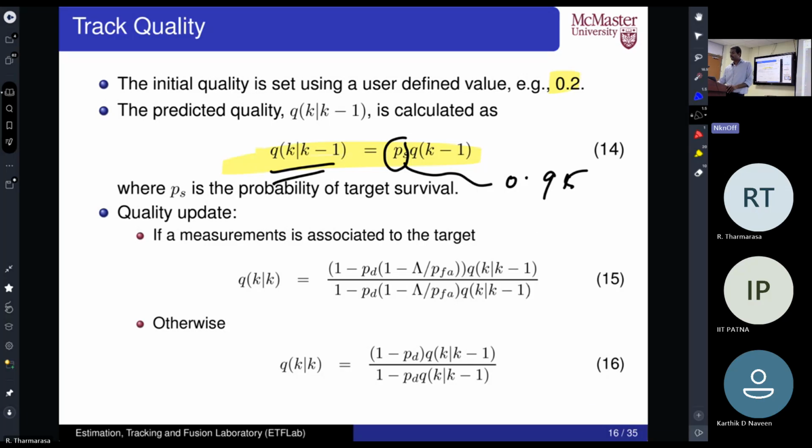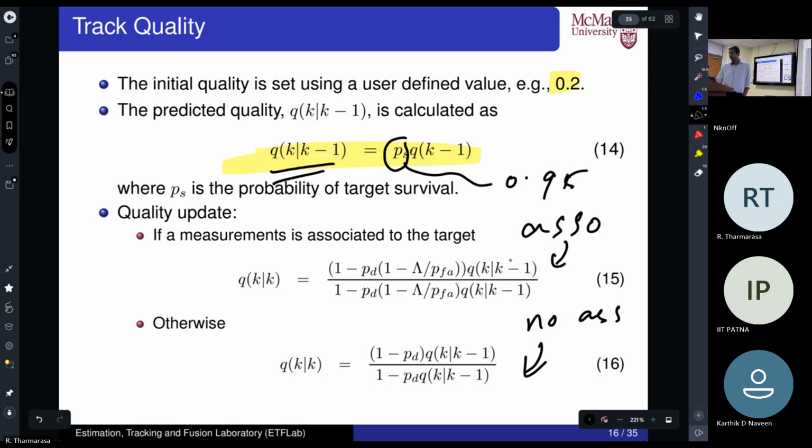If you have an association, then use this. If there is no association, you use this one. You don't need to worry about the derivation. If you want to use it, what do you need to know? PD, and this is the likelihood of getting the measurement, and this is the false alarm rate.